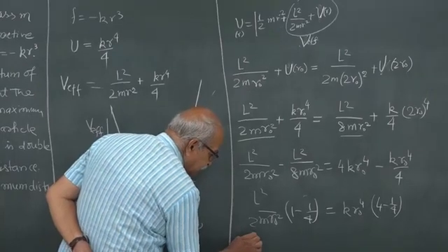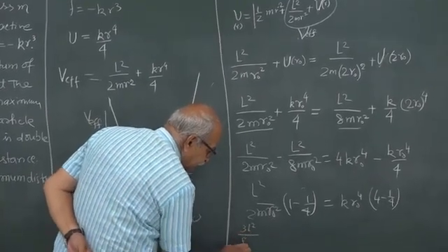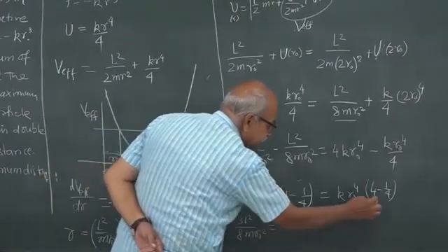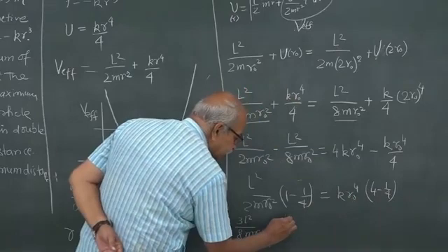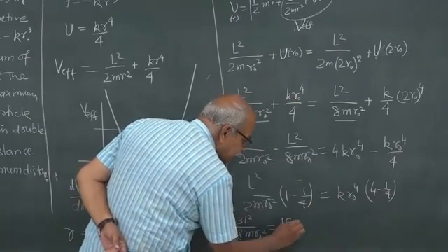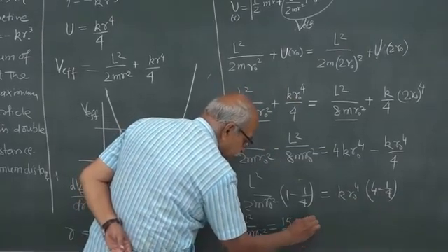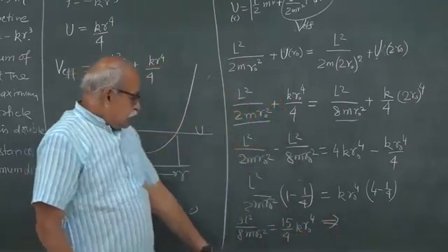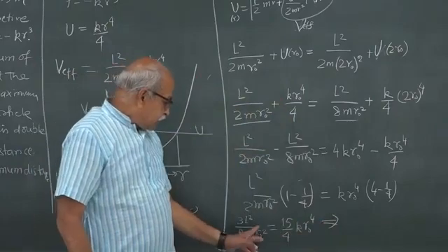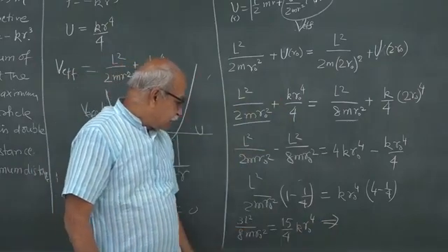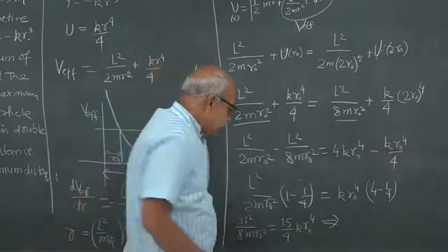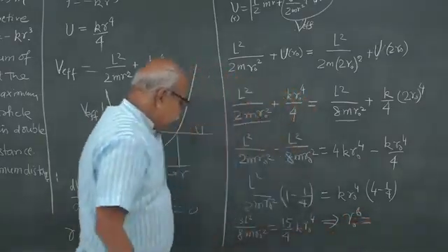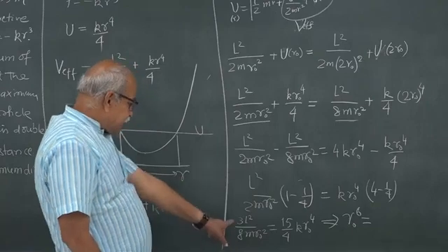So, 3 L square divided by 8 m r naught square, and on that side it is 15 by 4 times k r naught to the power 4. That gives you, let us take this r naught square on this side. So, this will become r naught to the power 6 equal to, and everything else will be on the other side.